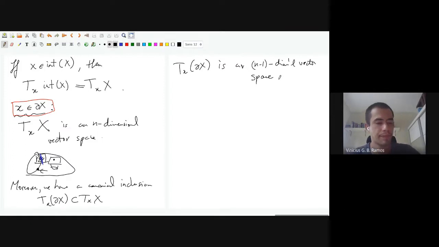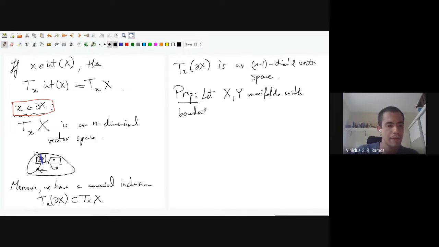Okay, so now let's talk about a very nice proposition, which is the following. So let x and y be manifolds with boundary, and let y be a point in the interior of y.